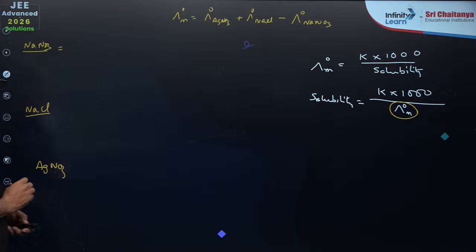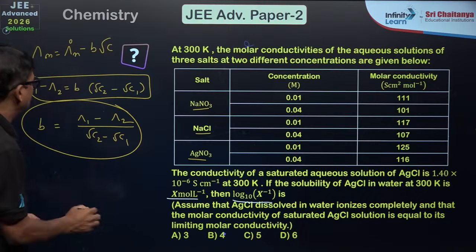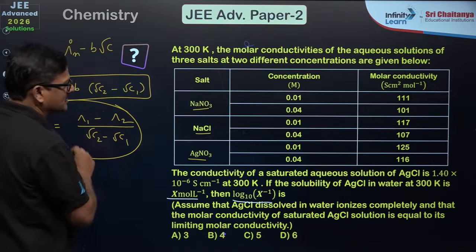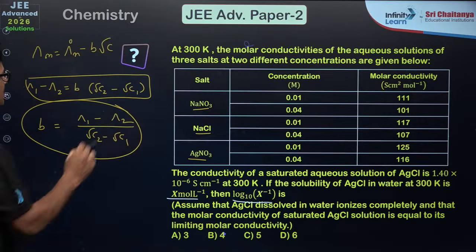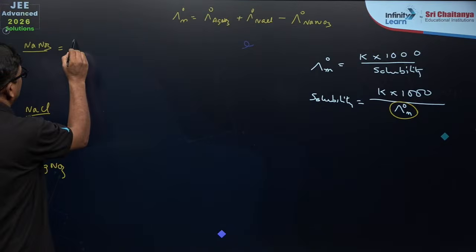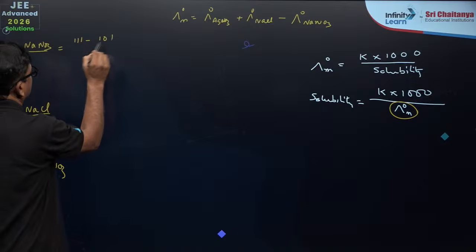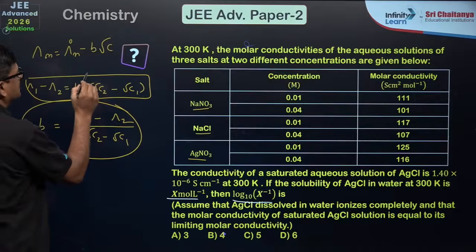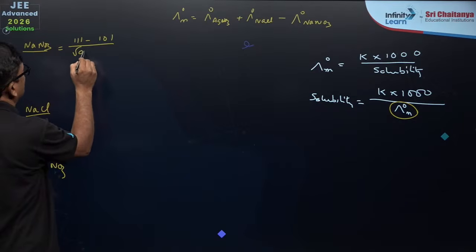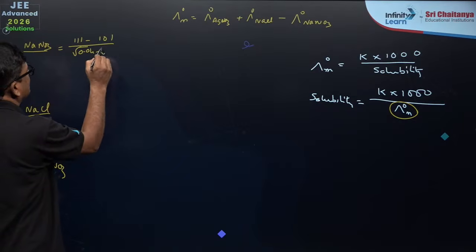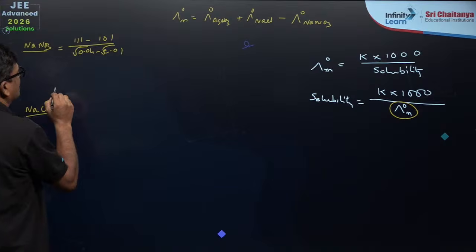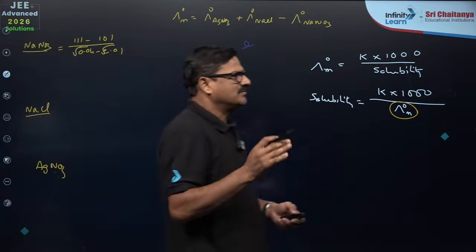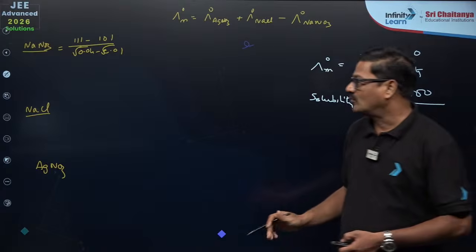So for NaNO3, the values are given here, 1 minus 2, that is 111 minus 101. Concentrations are given, 0.04, root 0.04 minus 0.01, and by solving this you are going to get 121.